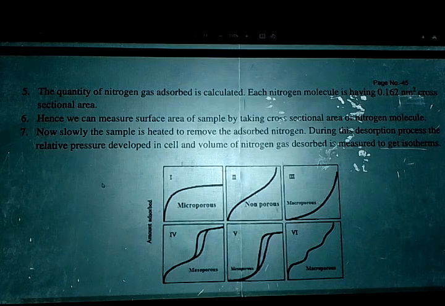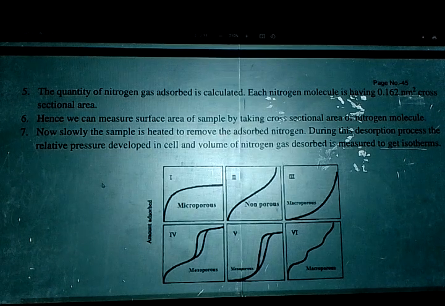See, after calculating the surface area or pore volume, do we need nitrogen anymore? No, right? So we need to remove the nitrogen now. To analyze the surface area or pore volume, we took the help of nitrogen. We passed the nitrogen onto the sample, it got adsorbed and it has given some analysis or report.